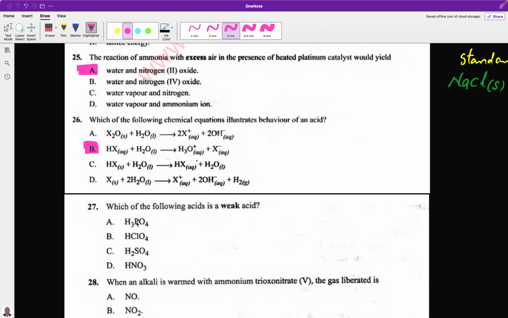But phosphorus is the least electronegative and will pull electrons very weakly, hence resulting in incomplete dissociation. That is why it will only give 2H plus and HPO4 minus. So the only weak acid here is A, which is H3PO4.